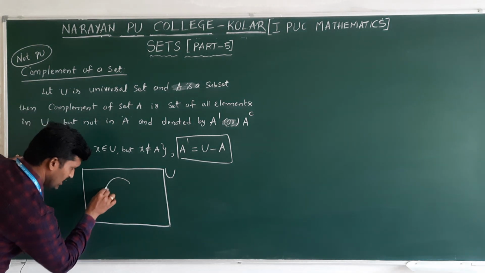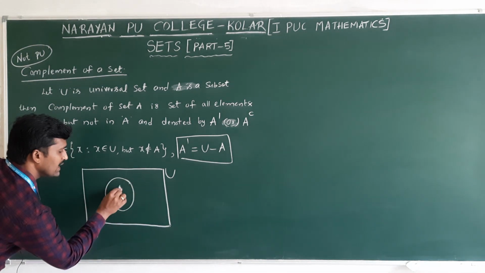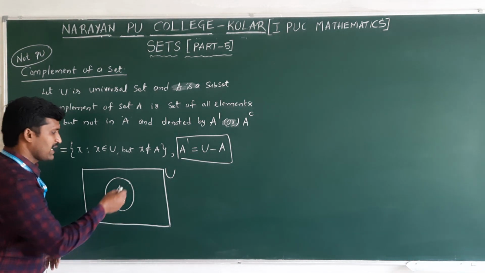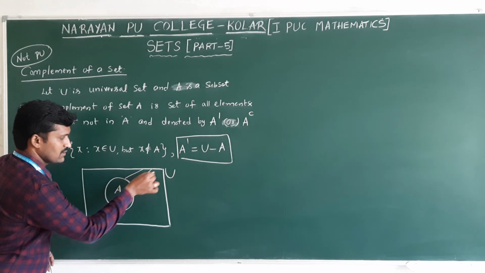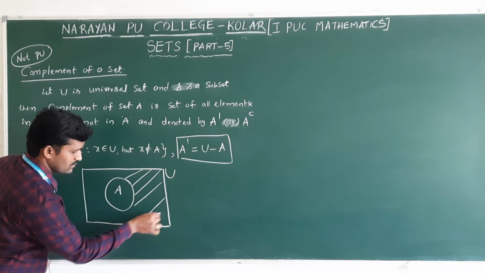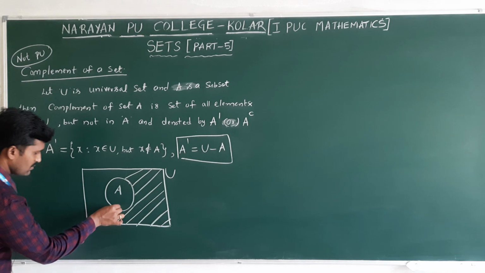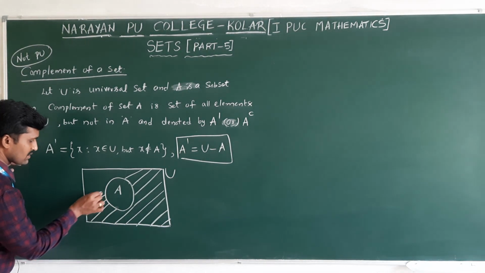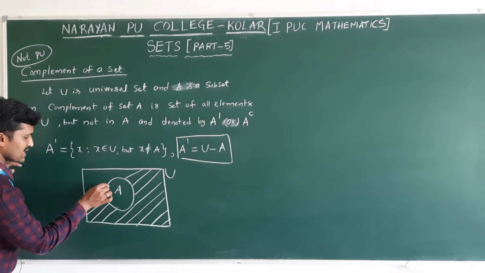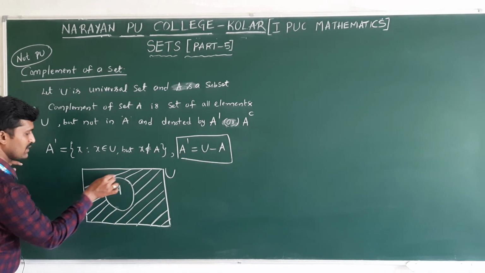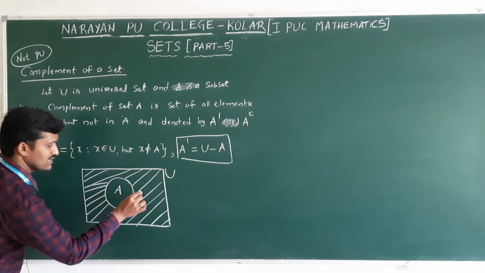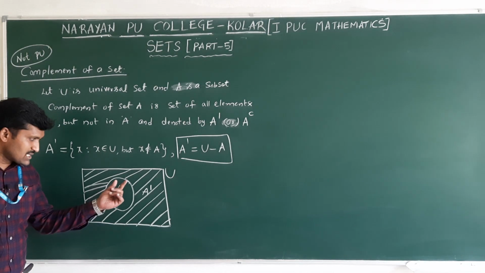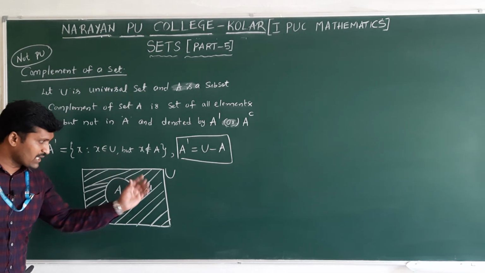If I consider this circle as A, the remaining part outside the circle is related to A dash.